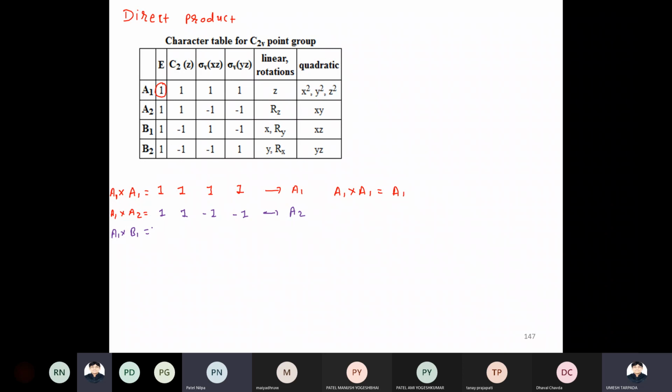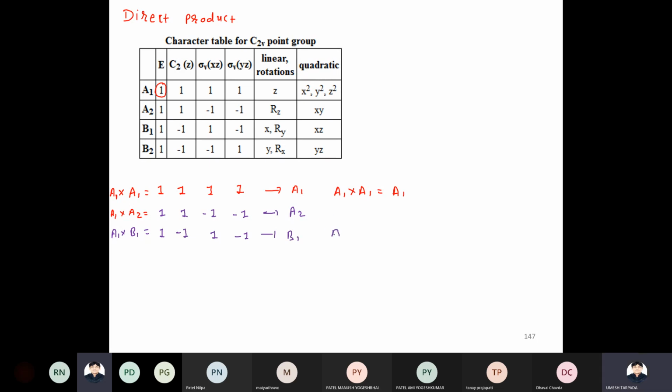Answer is B1. Good. So first 1 into 1 is 1, minus 1 into 1 again minus 1, 1 into 1 is 1, 1, minus 1, minus 1. So answer is B1.